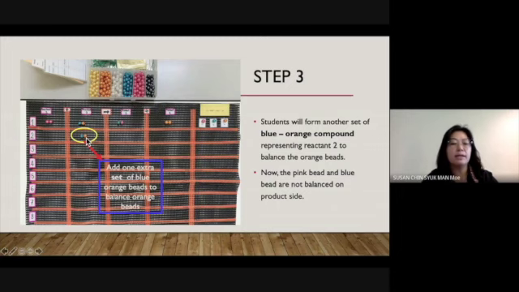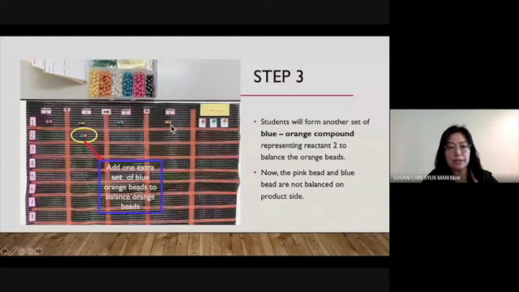Bear in mind, when we top up, we have to add in the whole compound. We are not adding any missing element just like that. So the second compound that we add causes the orange color to become balanced: 2 orange in the reactants and 2 orange in the products.